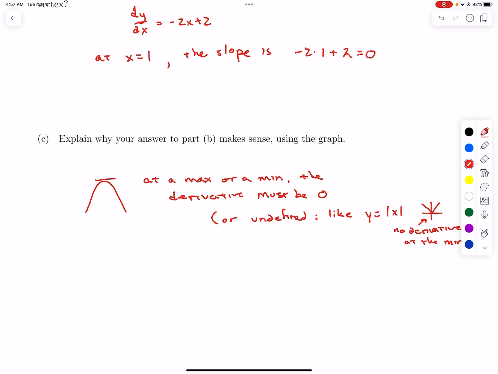But it can't be positive or negative. It's just got to be either 0 or undefined. So just a little note.